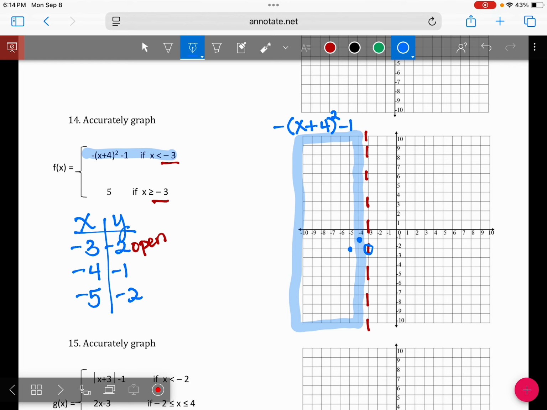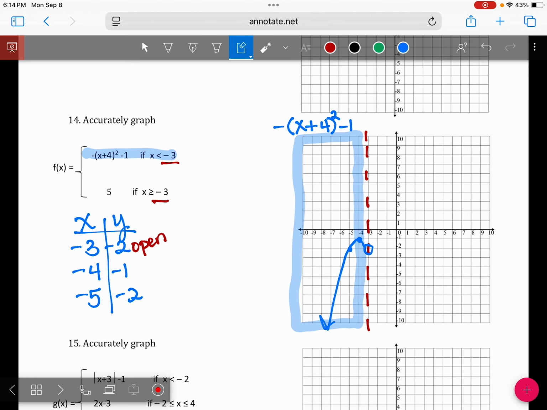If you want, you can add as many points as you need. There really isn't a maximum number of points. Because I know that this is a parabola and that this graph is going to hit the vertex and then fall back down, I really don't need any other points. But you could.